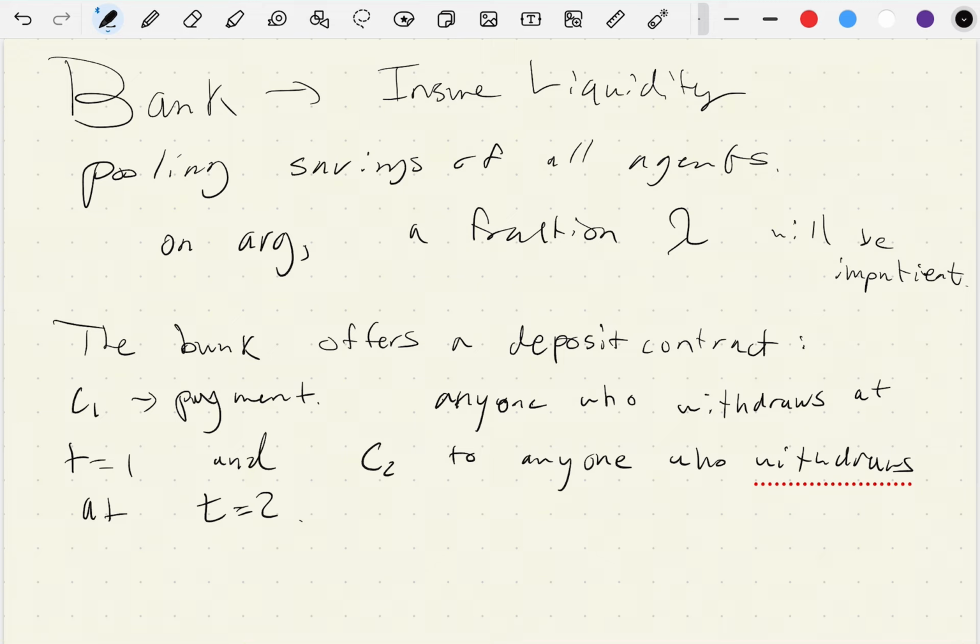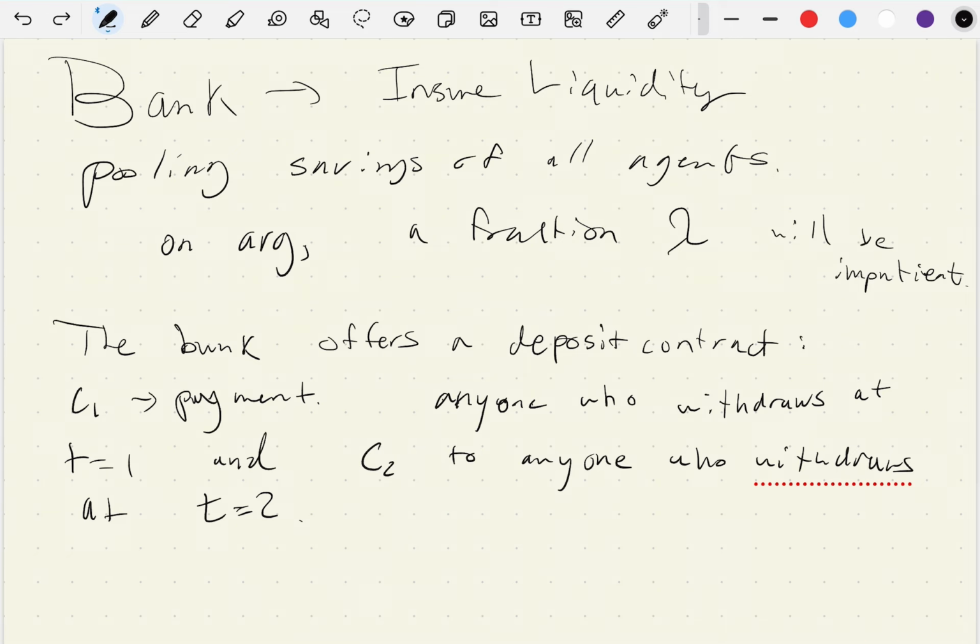So by ensuring liquidity, we can avoid this idiosyncratic liquidity risk, that can then be pooled into savings of some statistical culmination of all agents.